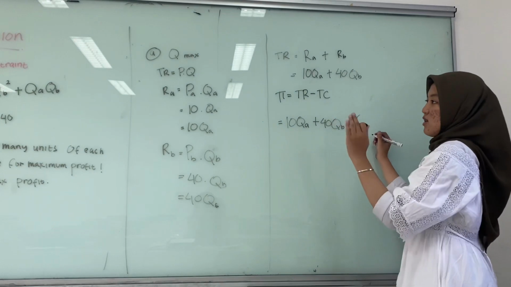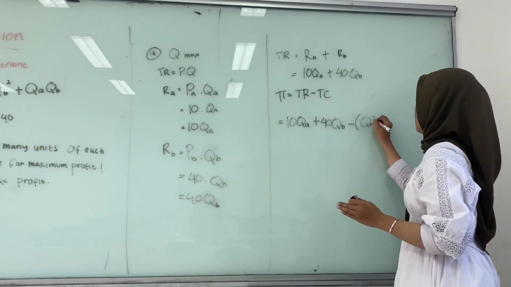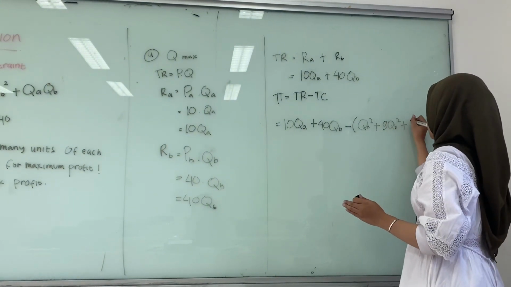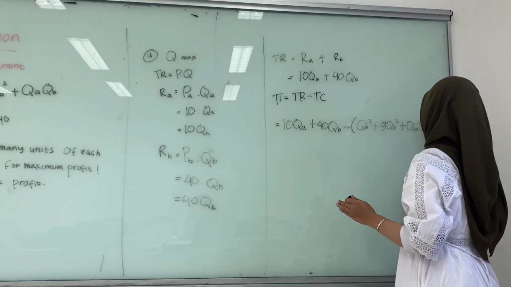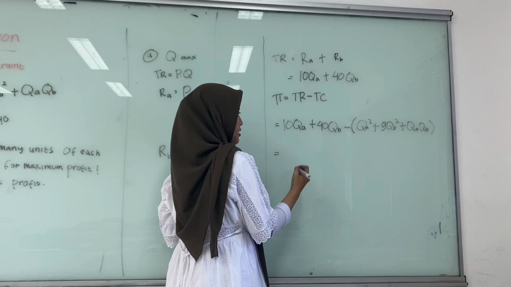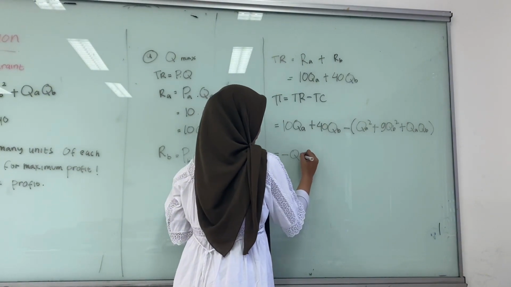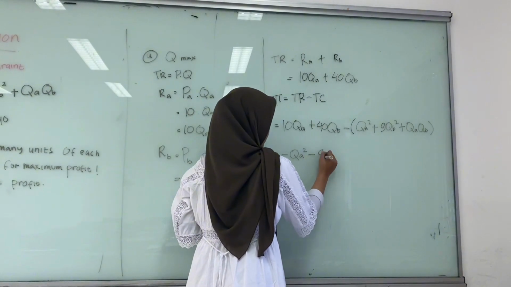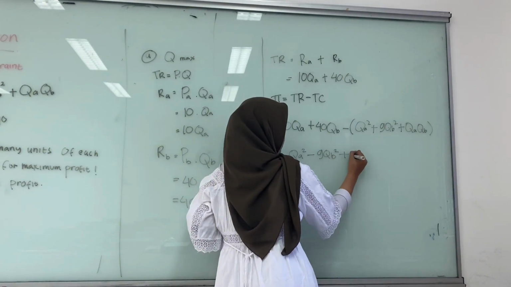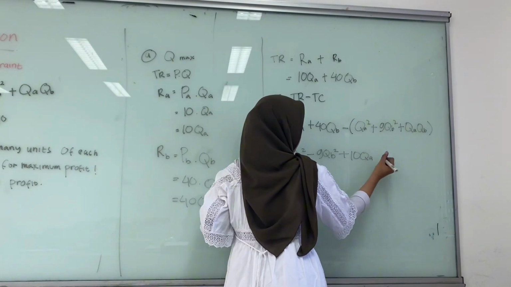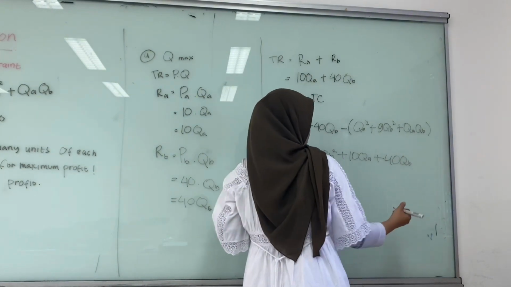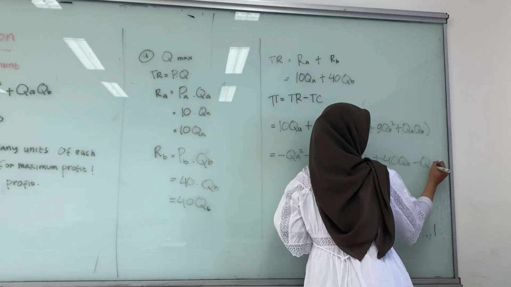The TC is QA squared plus 9QB squared plus QA times QB, and the result is minus QA squared minus 9QB squared plus 10QA plus 40QB and minus QA times QB.